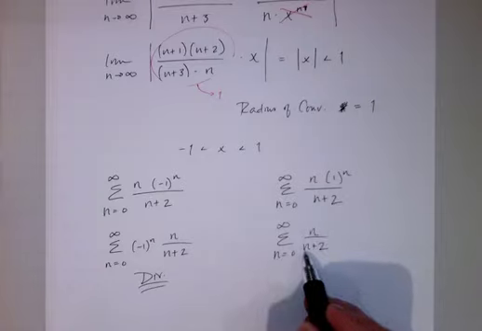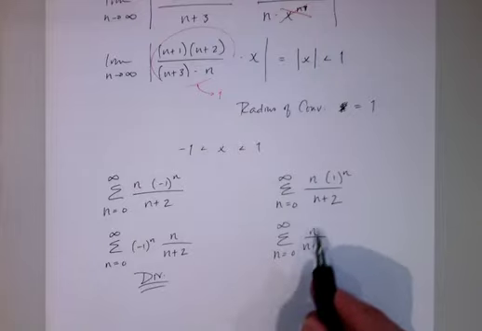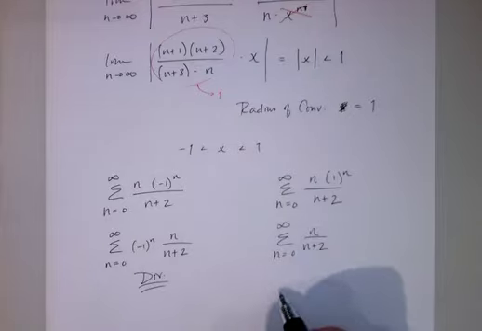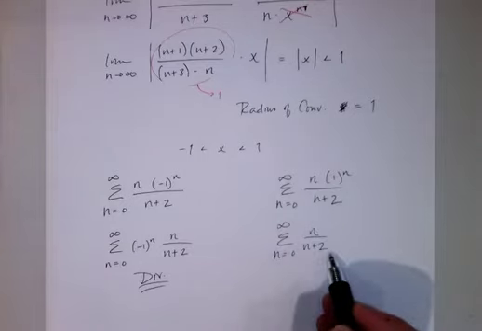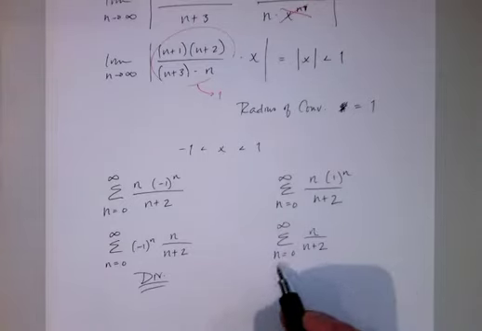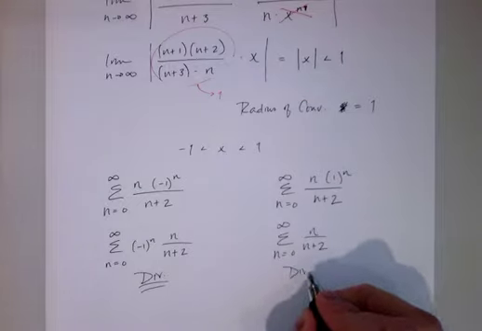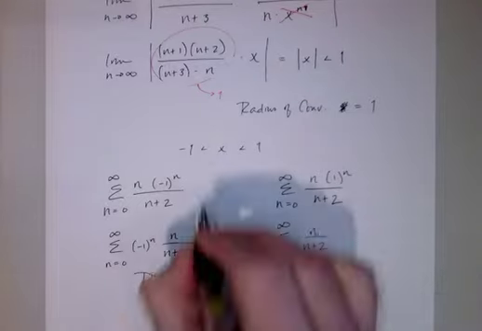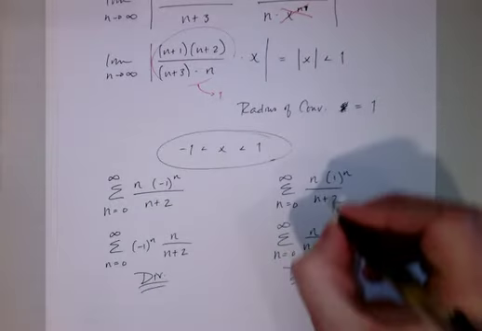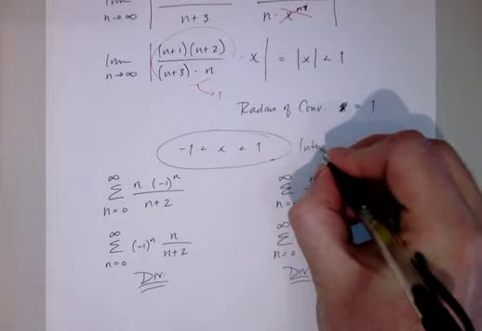We'll plug in 2, and we're going to get 2/4, or 1/2. Plug in 3, 3/5. Plug in 4, 4/6, or 2/3, okay? Plug in a million over a million 2. So this is actually increasing. So this describes a divergent numerical series as well. This is indeed our interval of convergence.